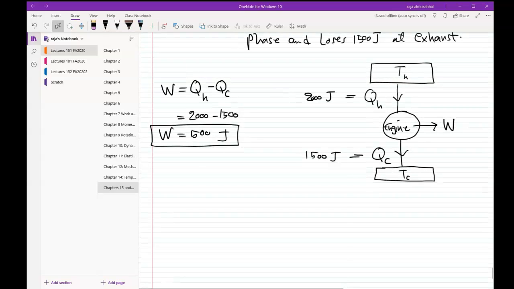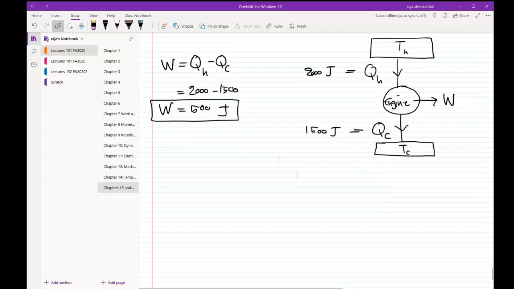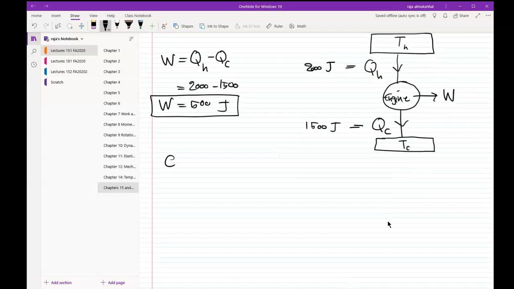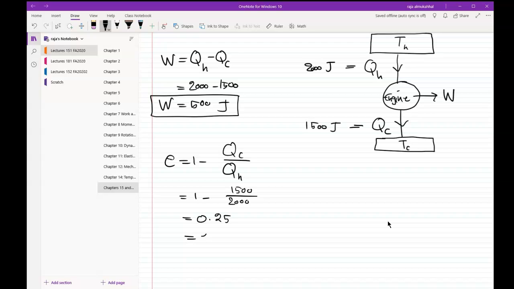So here we have E is equal to 1 minus Q sub C over Q sub H. That will give me 1 minus 1,500 divided by 2,000. When I calculate that, I will get 0.25 or 25%. And there we go. That's the efficiency of the engine.